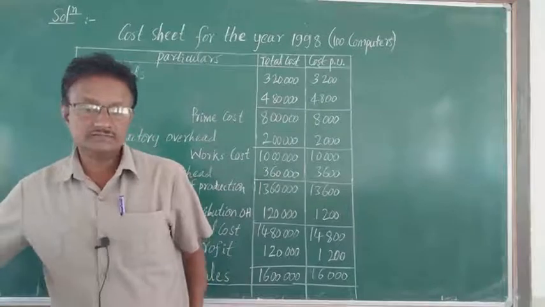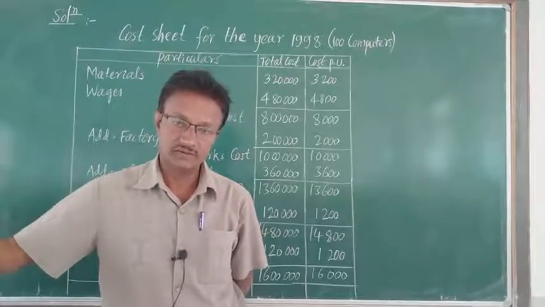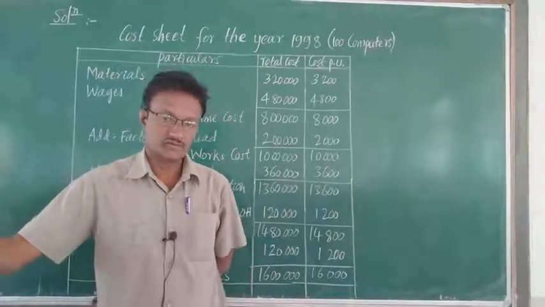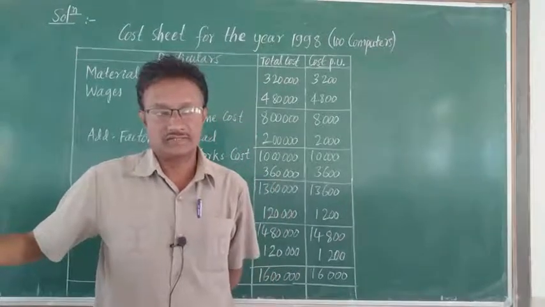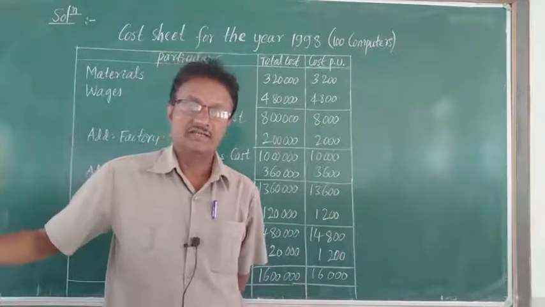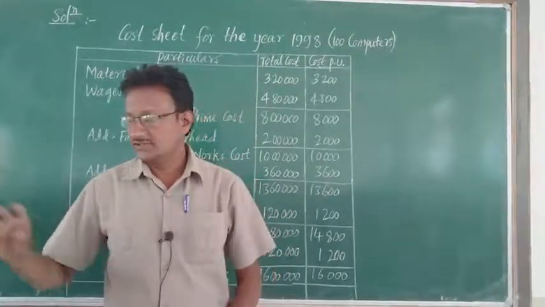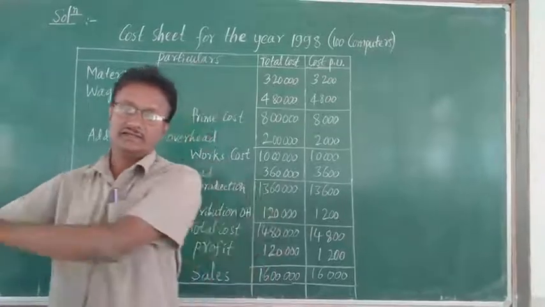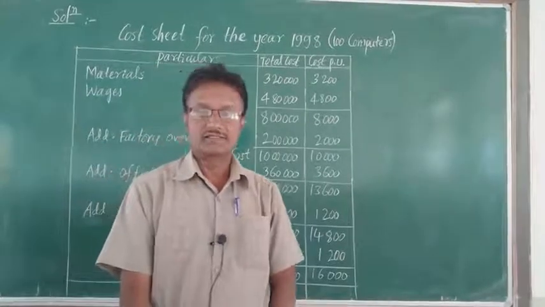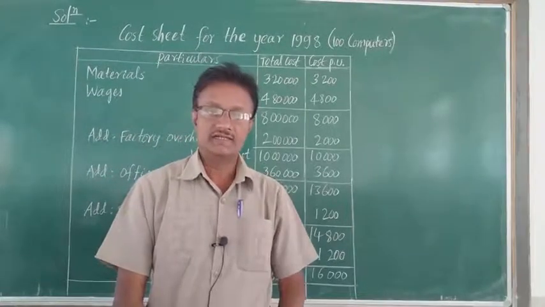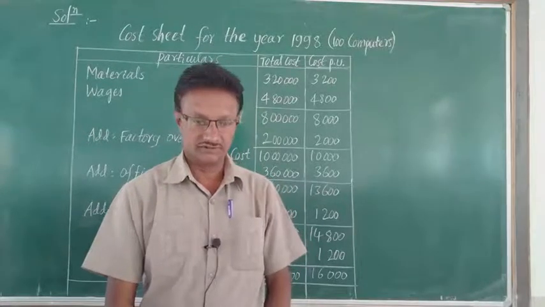By observing this problem, we have to prepare two cost sheets. One is the actual cost sheet for the year 1998 for 100 computers, and the other is the estimated cost sheet for 1999 for 300 computers.